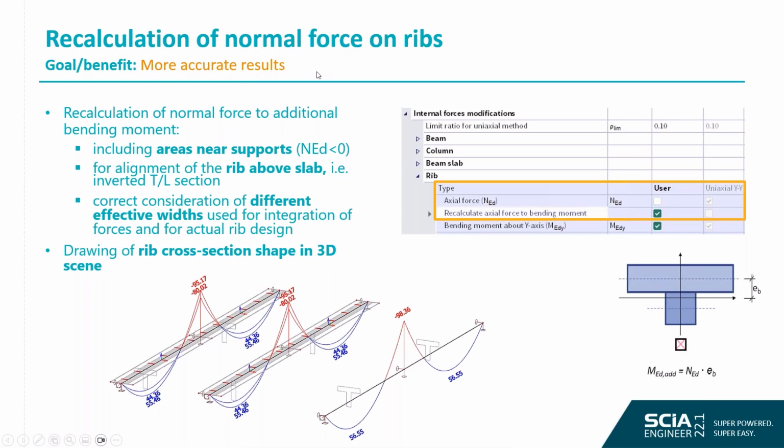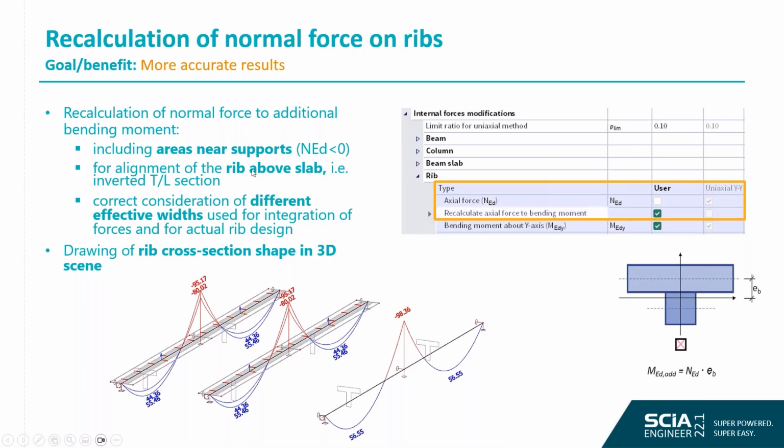Second topic is recalculation of the normal force on ribs, where the goal was to provide much more accurate results for cases like areas near supports, where originally we just increased the bending moment for areas with positive bending moment. So now it's based not just on axial load, which is tensile, but you will see later that we now recalculate the internal force, or normal or axial force, to additional bending moment for any axial force on the rib.